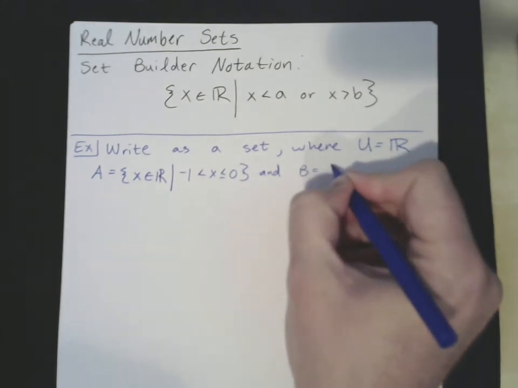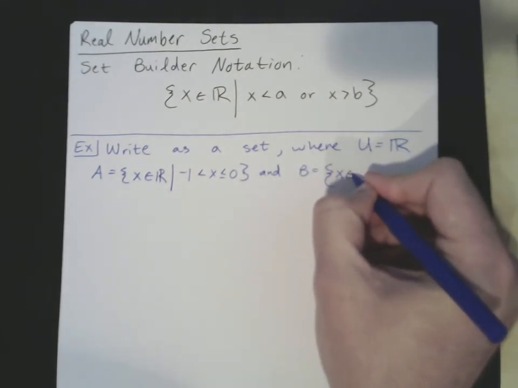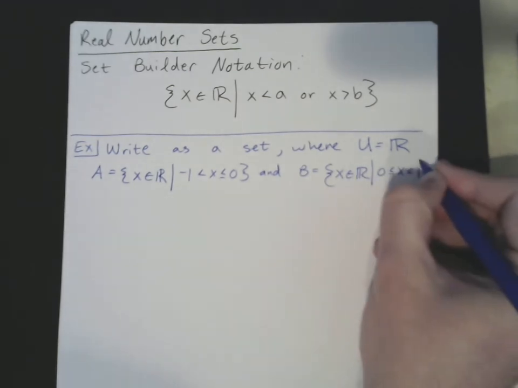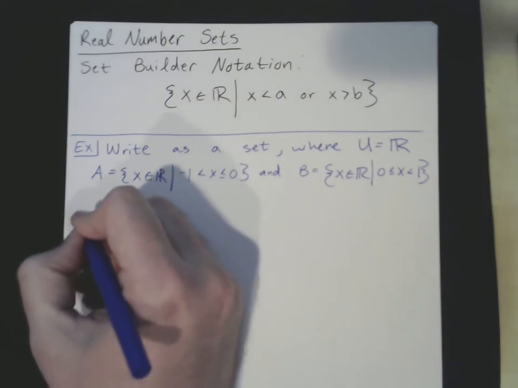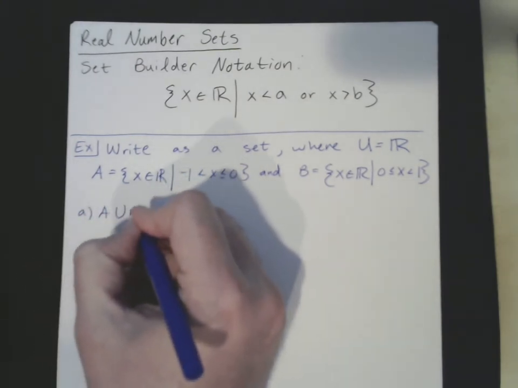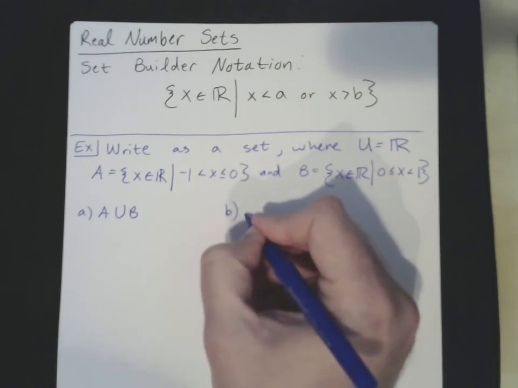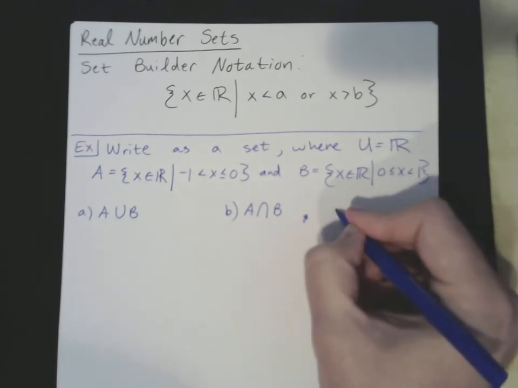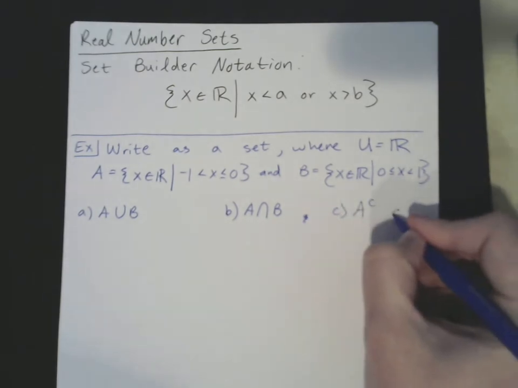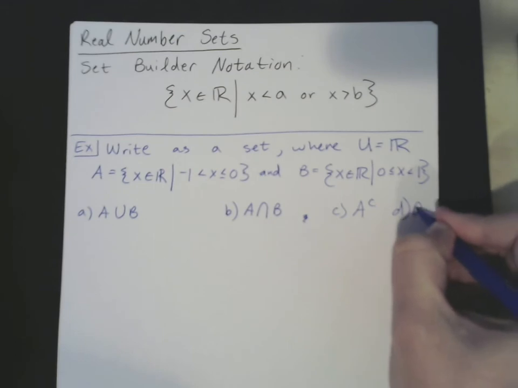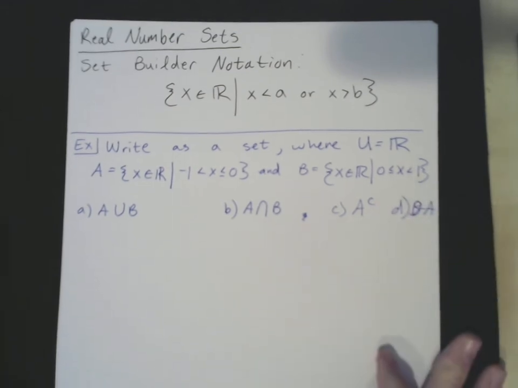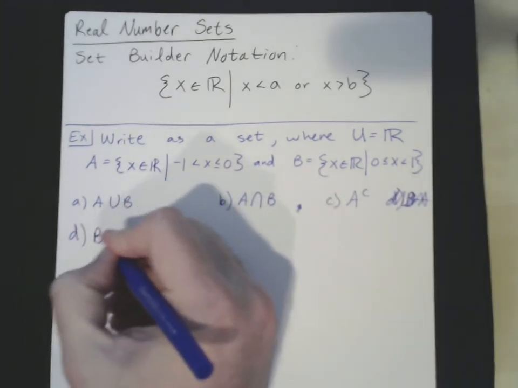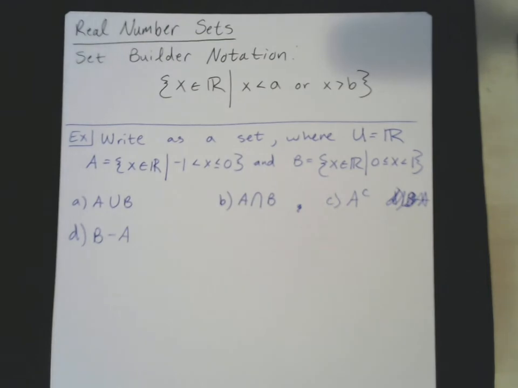And B is the set of real numbers x such that 0 is less than or equal to x is less than 1. And we're going to write A union B, A intersect B, A complement, and B minus A. I'm just going to write this over here, all in set notation.